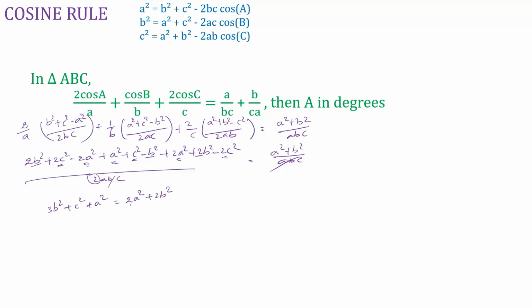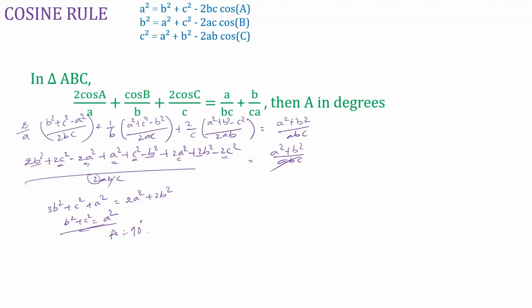And further simplifying, we can write this to be B square plus C square is equal to A square. So this is per Pythagoras theorem statement, which means the triangle is a right angle triangle with A as a hypotenuse, which also implies that angle A is 90 degrees here.